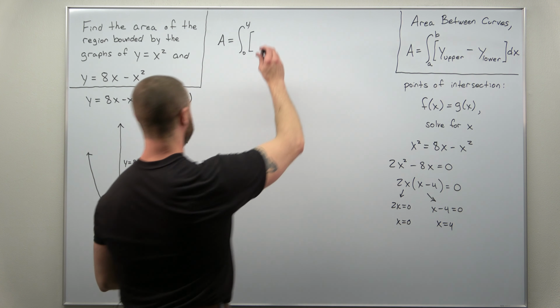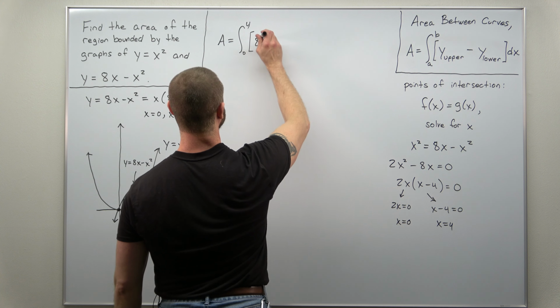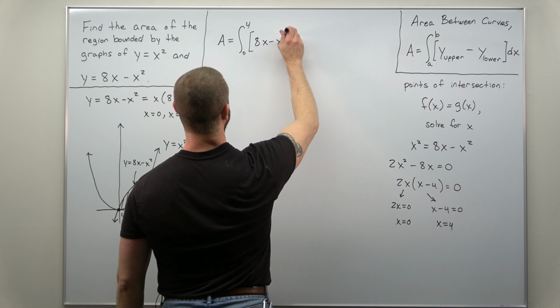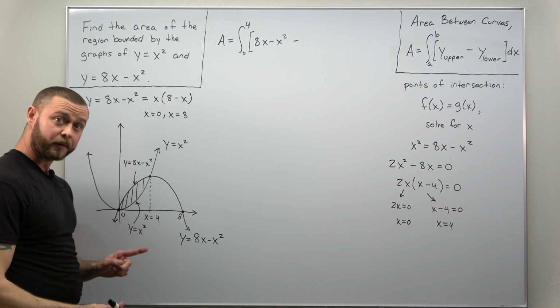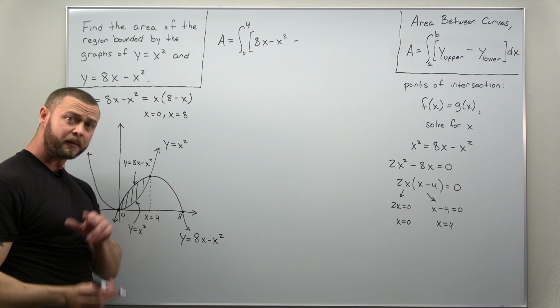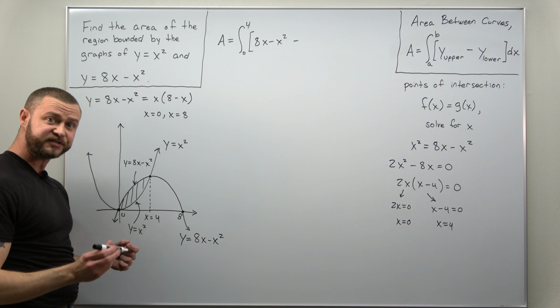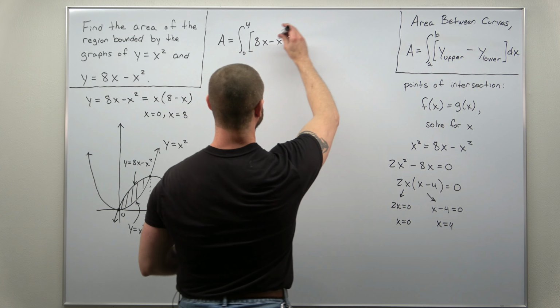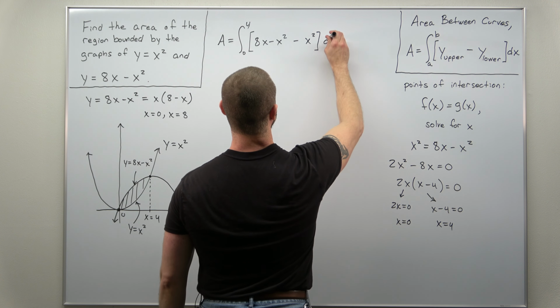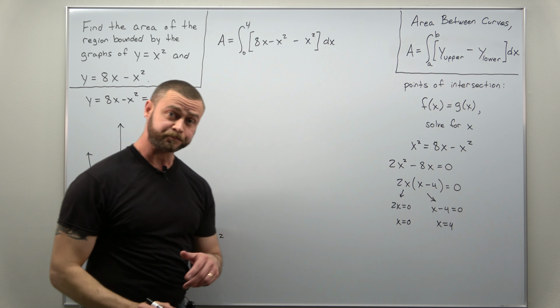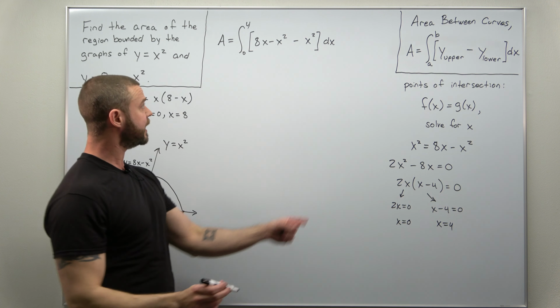So if we set this up, it's going to be the upper 8x minus x squared, and then minus just x squared. You can use parentheses here, but since you're subtracting just x squared, that's not going to really make a difference. So we'll write that as minus x squared. And from there, it's just combining like terms.